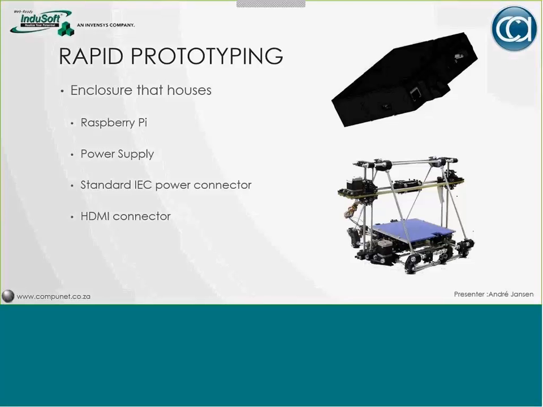The first consignment of IntelliDisplay units were printed on our in-house 3D printer, and the single size measures about 130 by 130 by 37 millimeters high, with built-in mounting tabs for easy mounting on the back of the display units. We've got the HDMI port that is exposed, the Ethernet, and then we've got an IEC cord that you can plug in for the power.